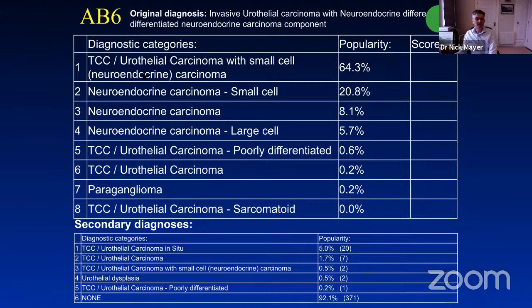So in terms of scoring this, it might be reasonable to approach this by saying that anyone that's recognized that there's a neuroendocrine carcinoma component to this tumor is correct, and we won't go down the lines of saying whether it has to be small cell or large cell. That would be similar to the way we've dealt with these kind of cases in the past.